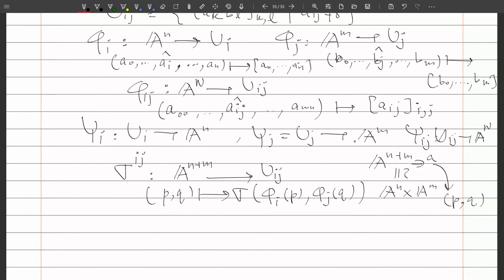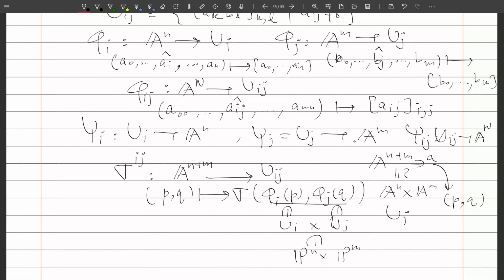Now one can see that phi i of p is in Ui, and phi j of q is in Uj. So the pair (phi i of p, phi j of q) is a point in Ui times Uj, which is in turn a point in Pn cross Pm.